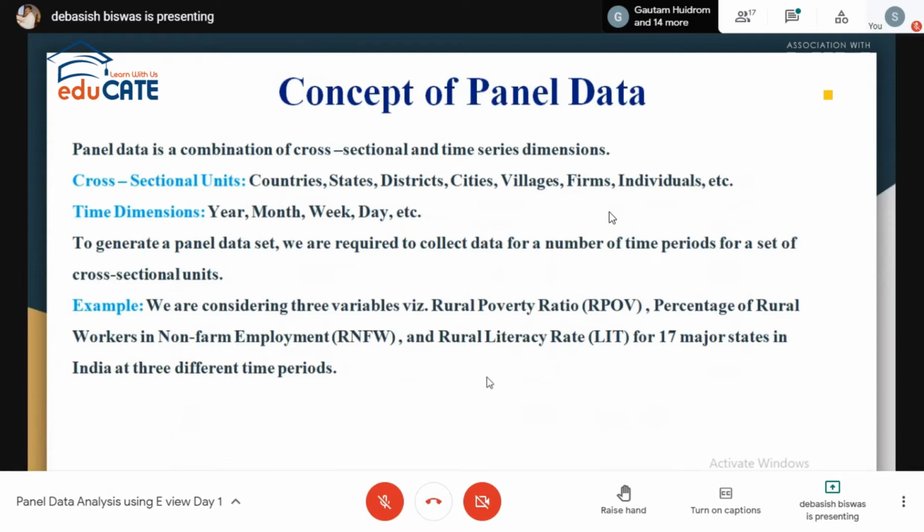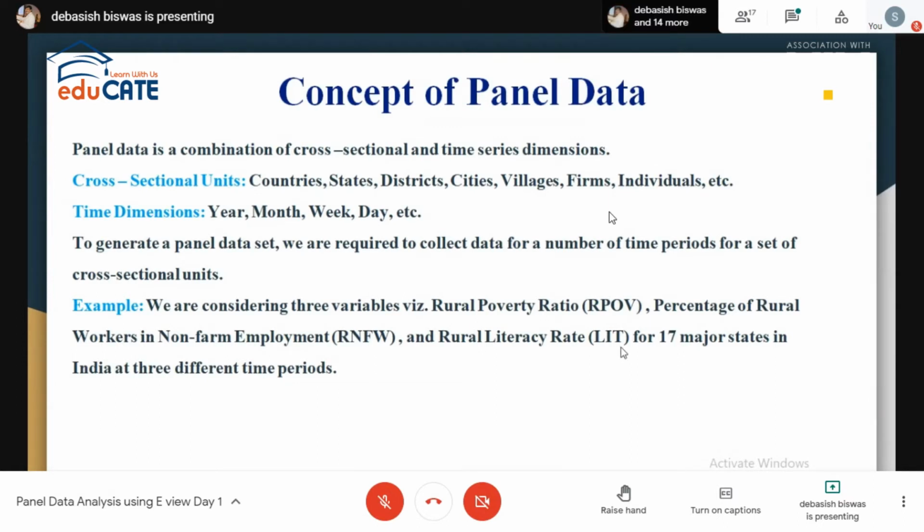So in this case, we are observing one dependent variable and two independent variables, and our objective is to establish an equation through which we can predict rural poverty ratio, the dependent variable, with the help of the independent variables, that is RNFW and LIT.